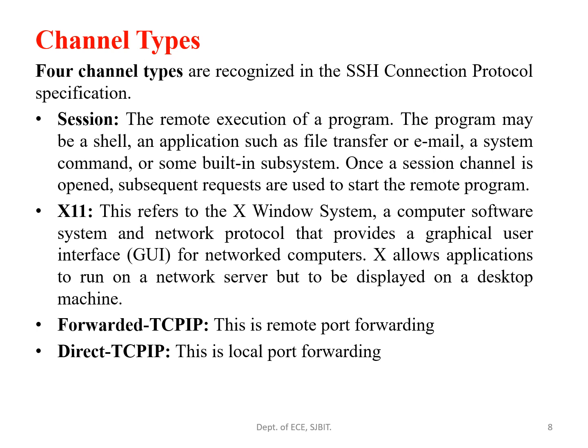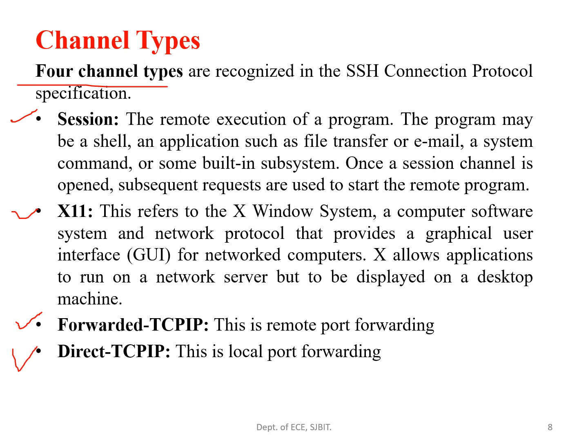Consider channel types. Four channel types are recognized in the Secure Shell connection protocol specification. Here you can see the four channel types we are considering: session, X11, forwarded TCP/IP, then direct TCP/IP.